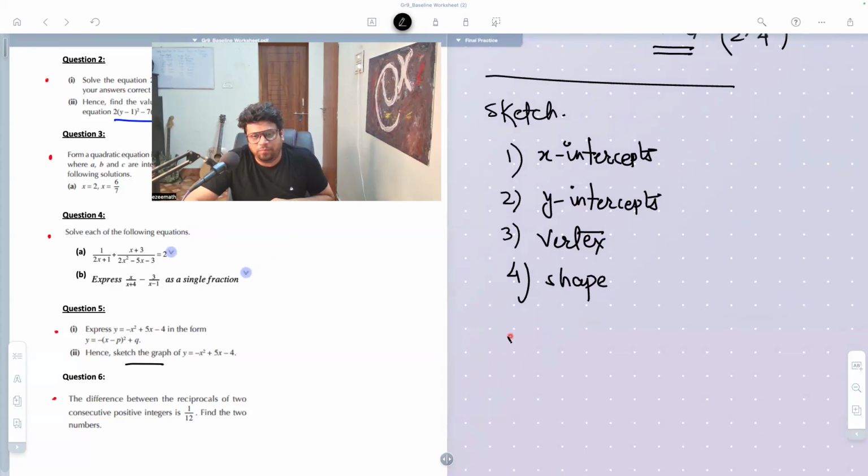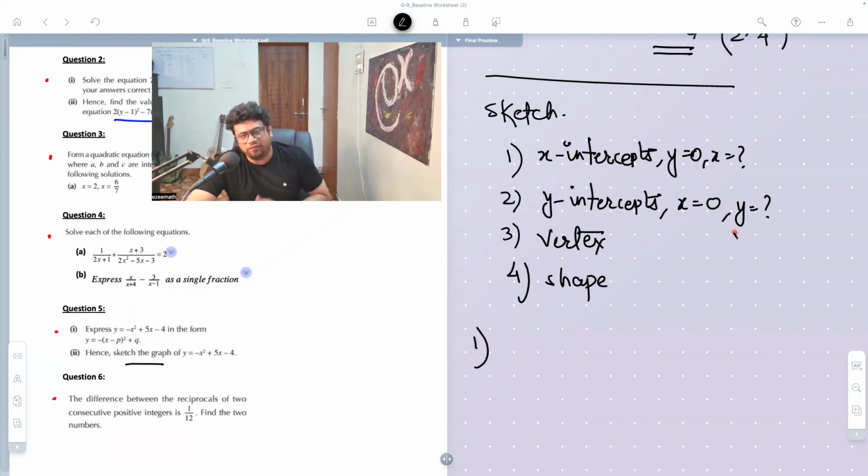X-intercepts are to be obtained by substituting y equal to 0 and solving for x. Y-intercepts are supposed to be obtained by substituting x equal to 0 into the quadratic and obtaining the y value of it. Same here, substitute y equal to 0 in the quadratic, obtain x, which is literally solving the quadratic.